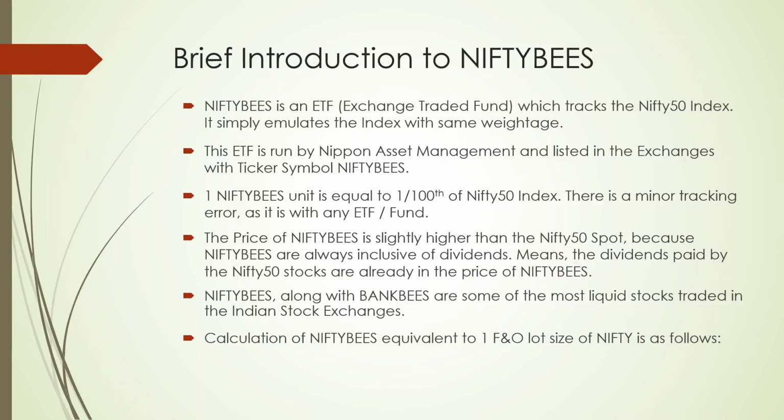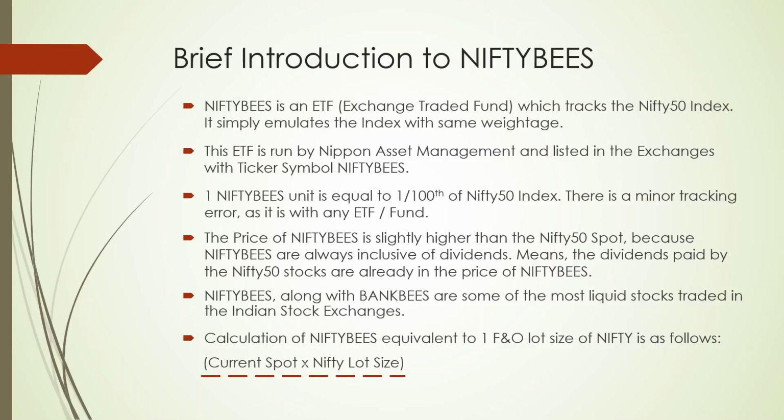So how do we calculate the Nifty Bees equivalent to one F&O lot size for Nifty? I'll come back to why one F&O lot size in the coming section. But you can see that right now the Nifty lot size is 50, and the Nifty's current value is 17,400. So keep this in mind.